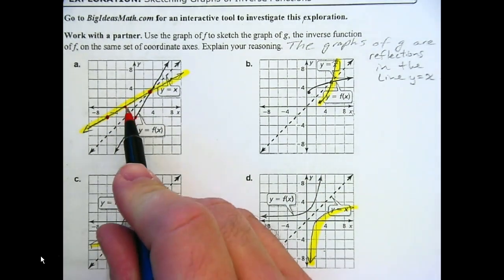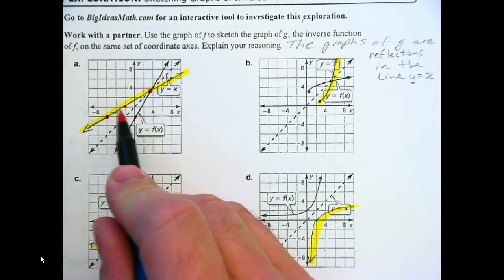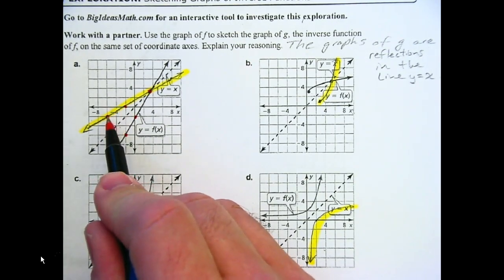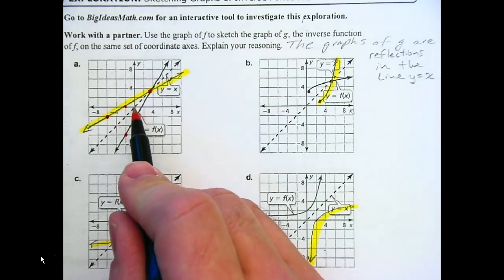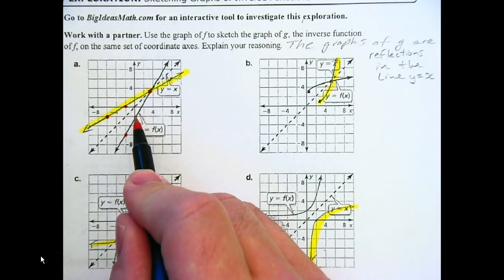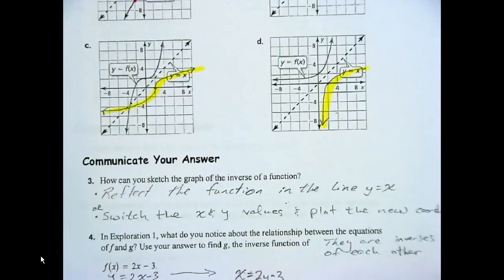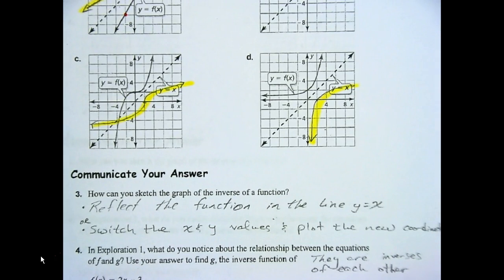Okay, that's -2, -6, and make it -6, -2, which is right there. Or -2, 0 would be 0, -2. Okay, so when you're graphing, just reflect over y equals x, or just switch the x and y values, and those are your new coordinates. That's actually the answer to number 3 there.